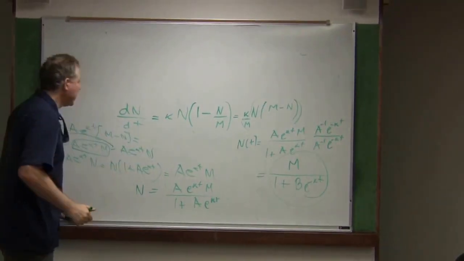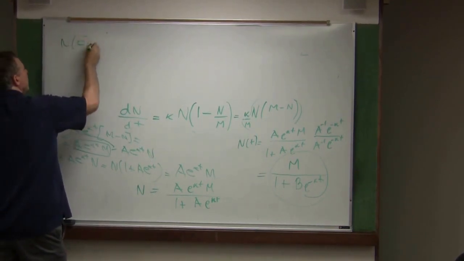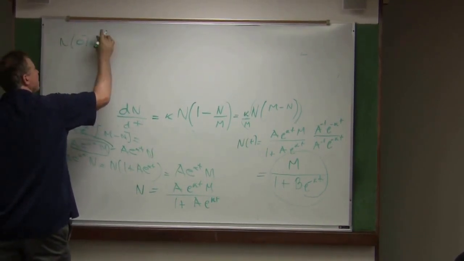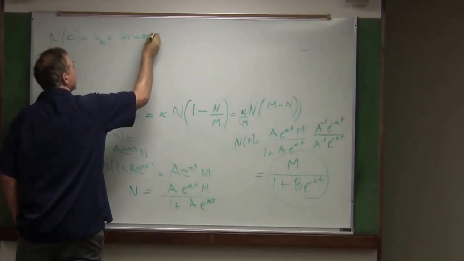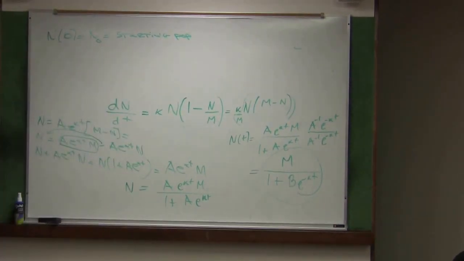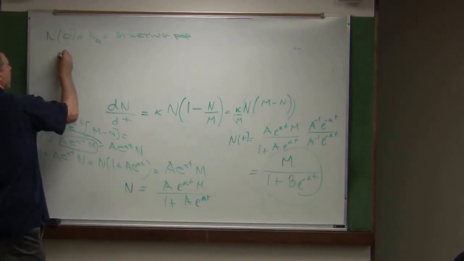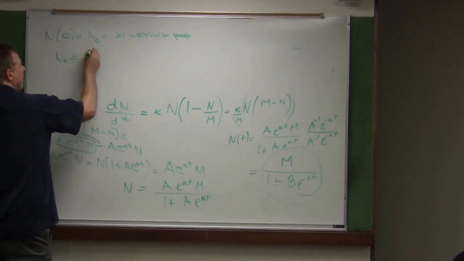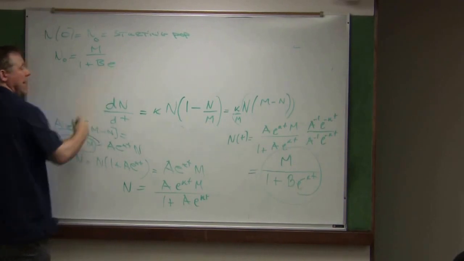The initial condition will be that your starting population is called n naught. So if that's your starting population, you know that n naught is going to be m over 1 plus b e to the minus k times 0.